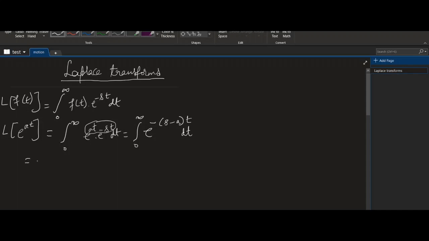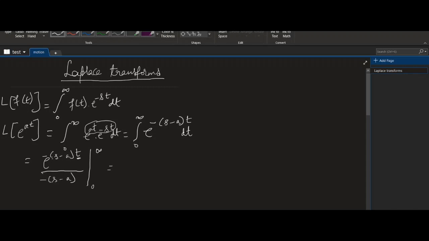So that is equal to e power, integral of e power something is e power whatever is there, e power minus of s minus a into t, divided by, along with this variable t, what extra thing we have multiplied here, minus of s minus a. Just divide it. So this is happening between 0 to infinity. So what do we have here? When we apply first limit infinity, you see here e power minus infinity.